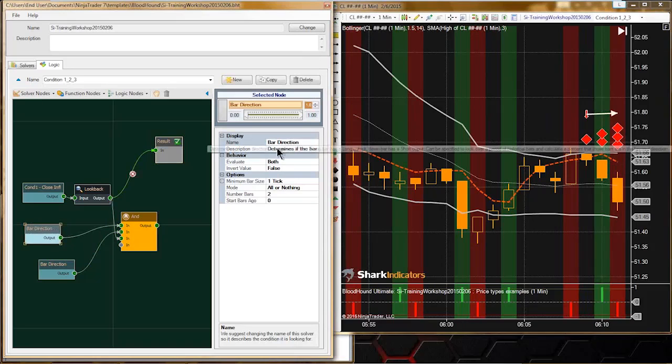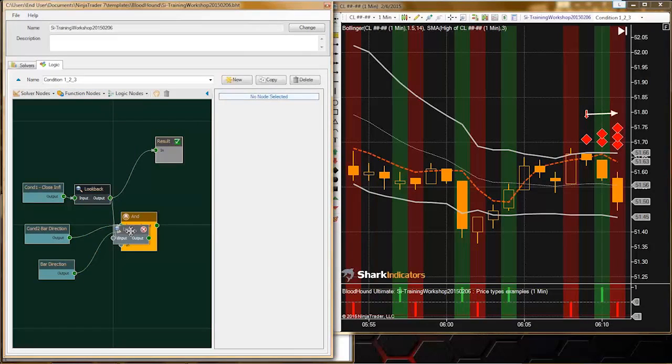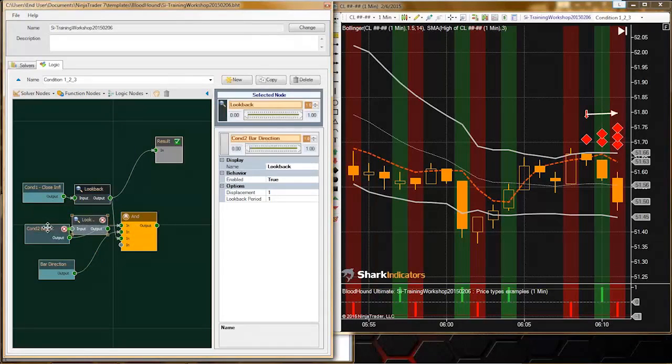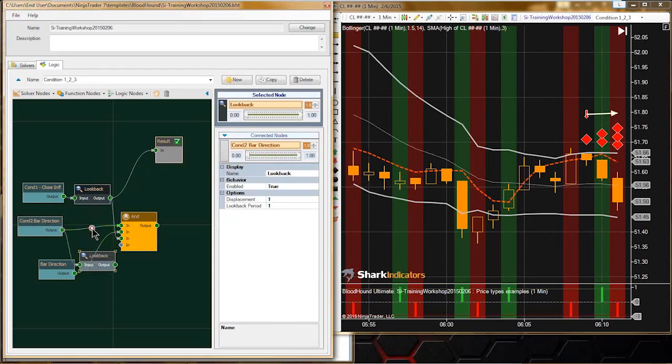And so for condition 2, let me rename this. We're just going to do the same thing. We're just going to take another look back node. And let me disconnect that one. There we go.